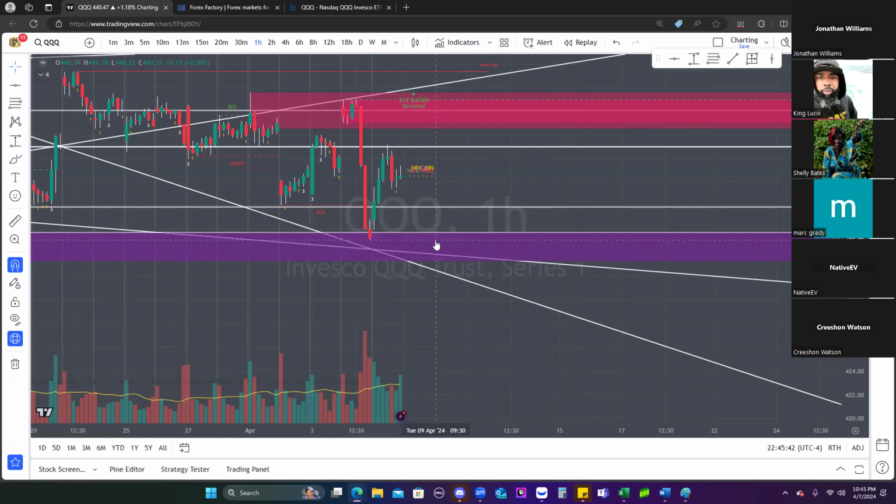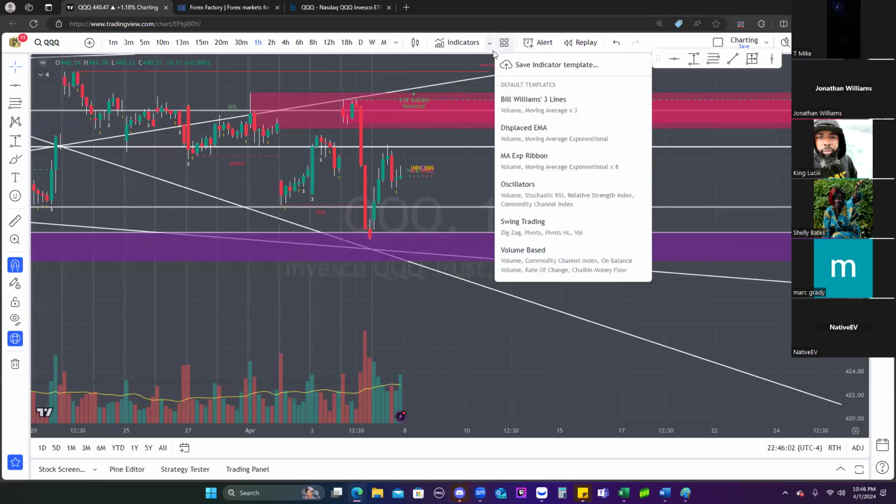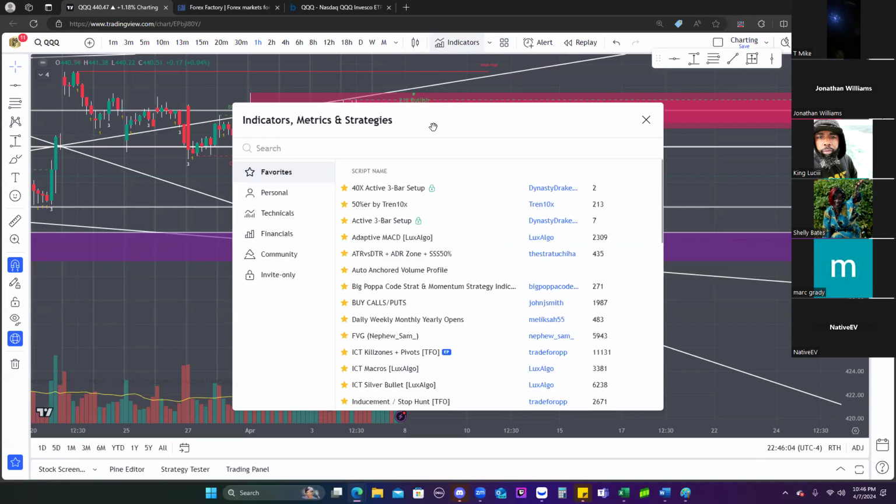Do you mark the previous open and close or just the strat pattern? I will hip you to something else. So far, I've showed you I like the ICT kill zones, and I also like the smart money concept. The other indicator that I mess around with a lot because I've gotten lazy, true story, is the daily, weekly, monthly, yearly open.